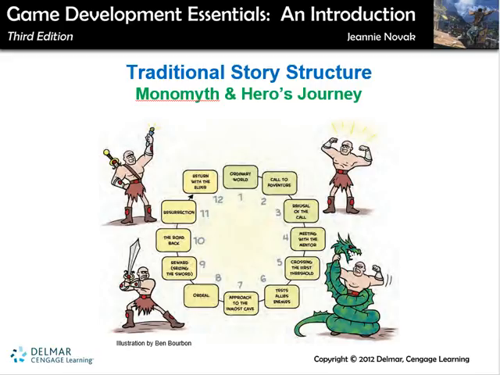And so the hero will then go on the quest, after the first refusal, and then he's going to cross what they call the first threshold, which means the hero is going to start the journey based on what they heard from their mentor. So the mentor is going to say, hey, this is the path you really need to take, this is the right thing to do, and they're going to cross the first threshold.